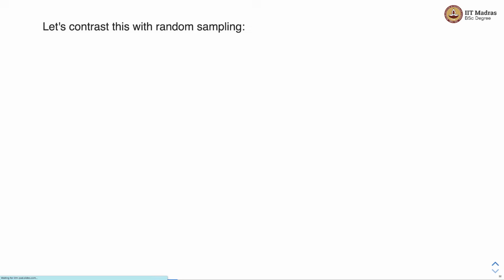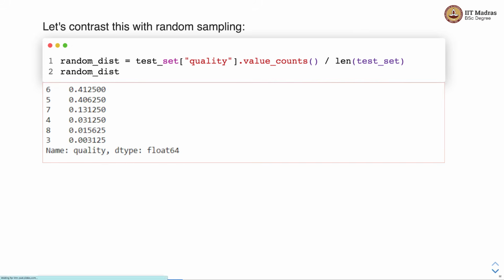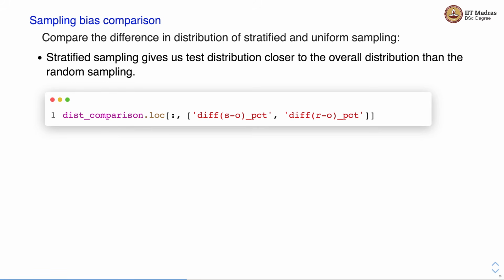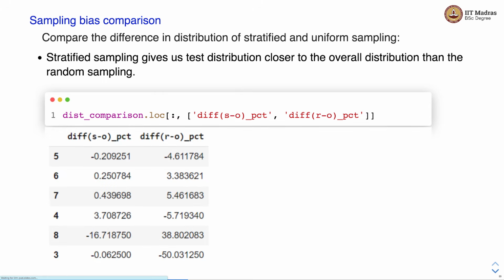Let's compare this with random sampling. When we compare the overall distribution and the distribution obtained from the random sample, you can see that there is a large difference.